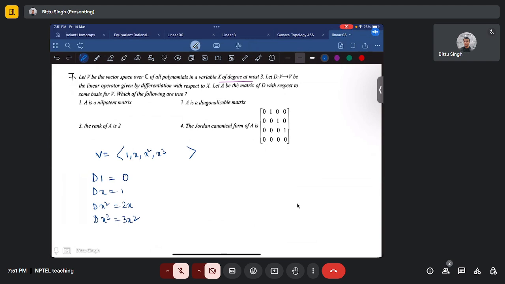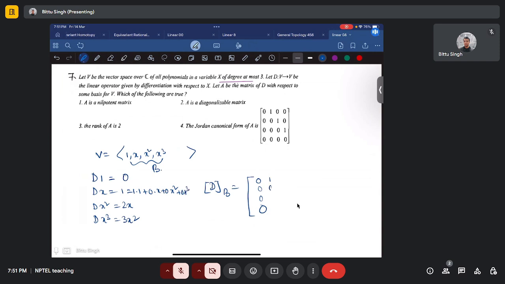So if we take this to be an ordered basis B, then with respect to this ordered basis, the matrix representation will be: D of 1 is 0, means it is just a 0 combination. D of x is 1, means it is 1 times 1 plus 0 times x plus 0 times x square, 0 times x cube.